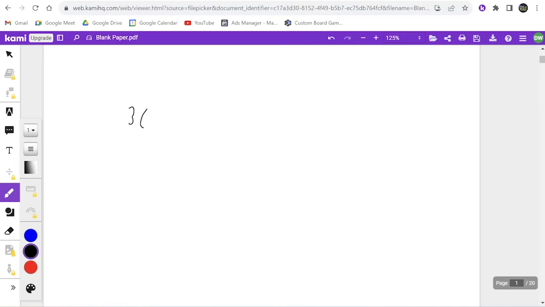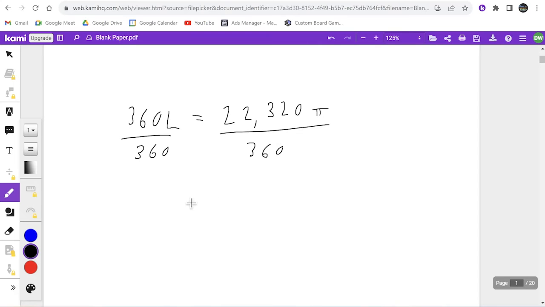I'm going to get 360L on the left side, and on the right side, 2 times 72 times 155 gives me 22,320, still times pi. I'm still leaving my answer in terms of pi. And then if I want to solve for L, all I got to do is divide both sides by 360. And I'm going to get L equals 62 pi as my final answer. I don't have any units for these. The units aren't important anymore. You get it.